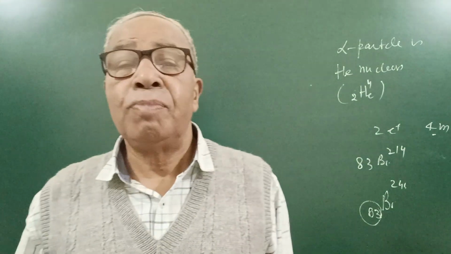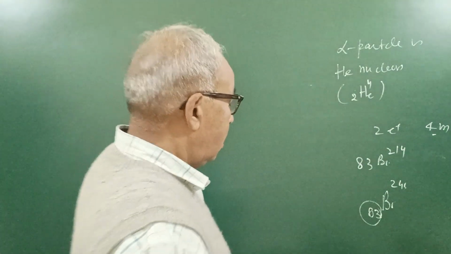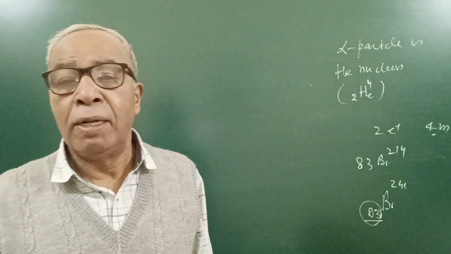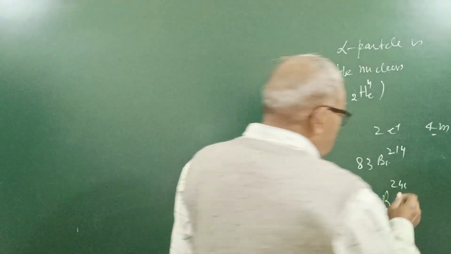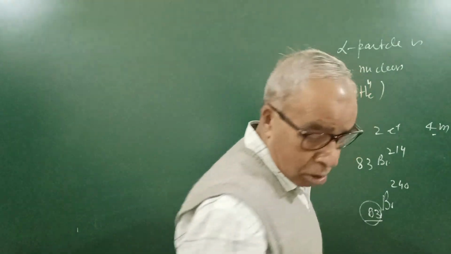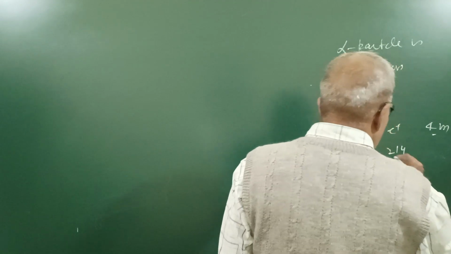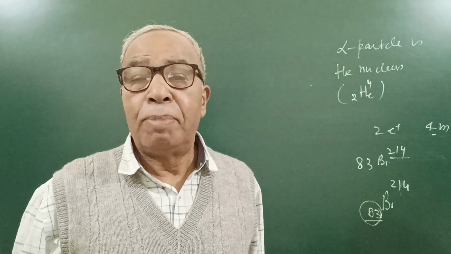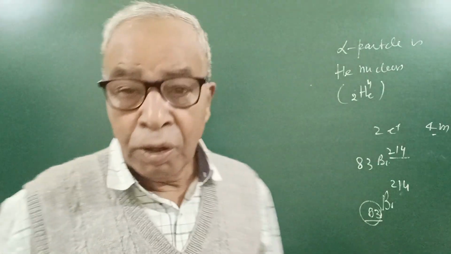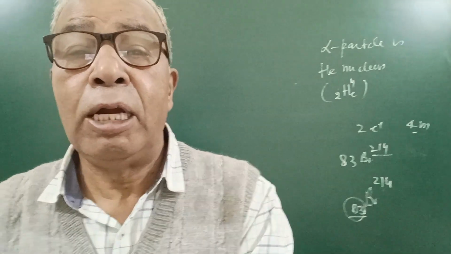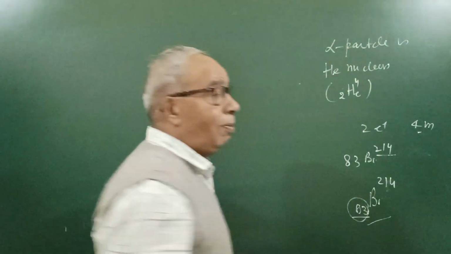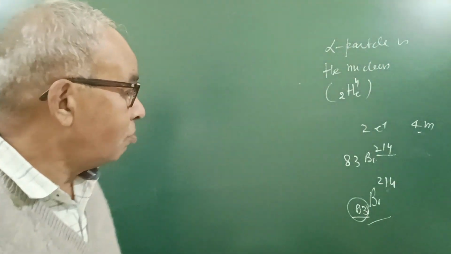In modern physics and modern chemistry, 83 represents the atomic number, which is equal to the number of protons present in the nucleus, and 214 is the mass number, which represents the sum of protons and neutrons present in the nucleus of the element. I hope you understand. The radioactive element bismuth emits alpha particles. We will be learning radioactivity later on.